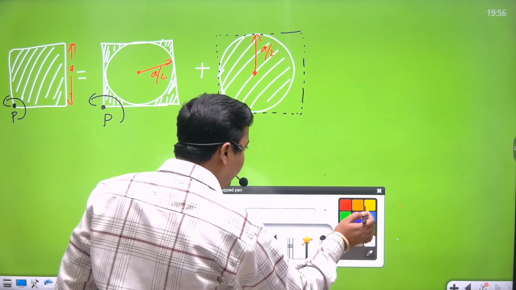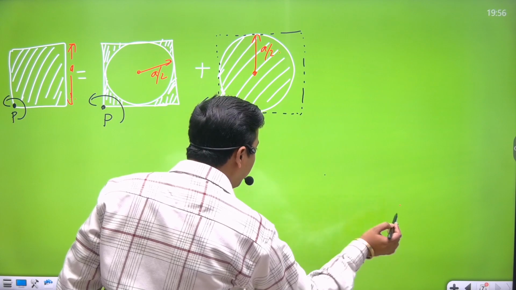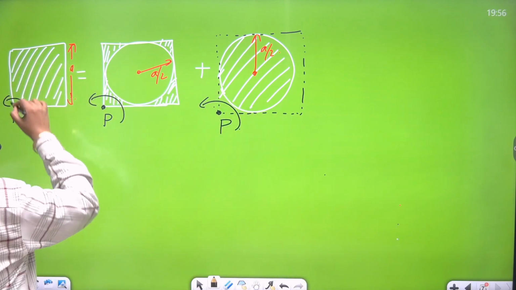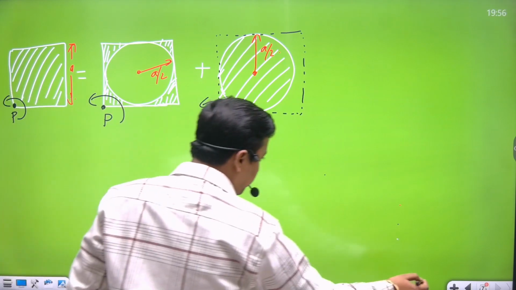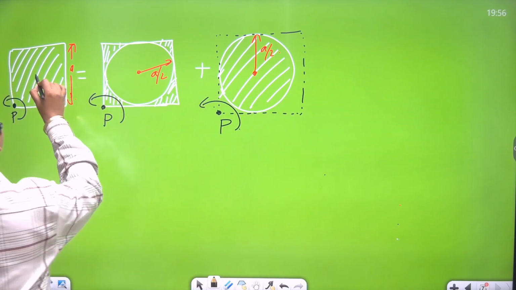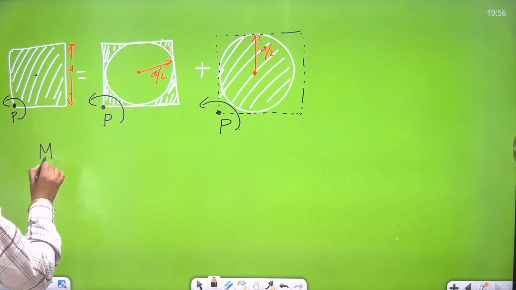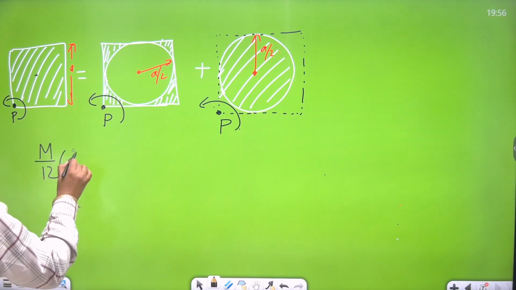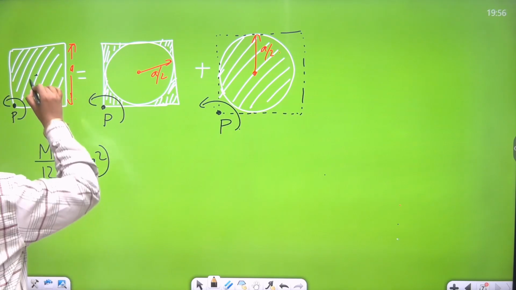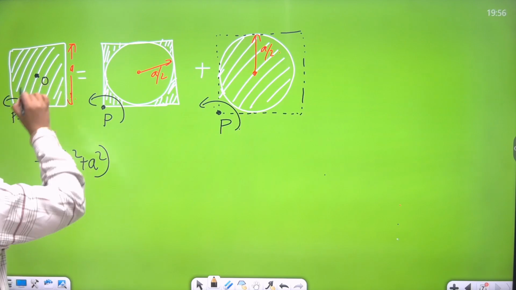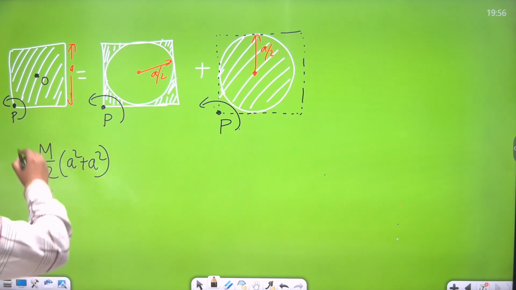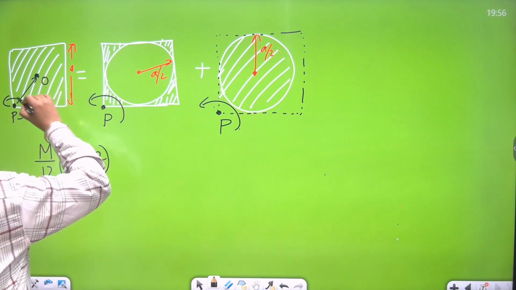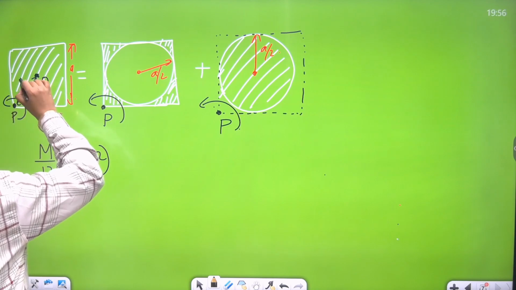So can you now find the moment of inertia of this thing about point O? It would be m by 12 times a square plus a square. About this other point, you know the formula, there would be a distance d.